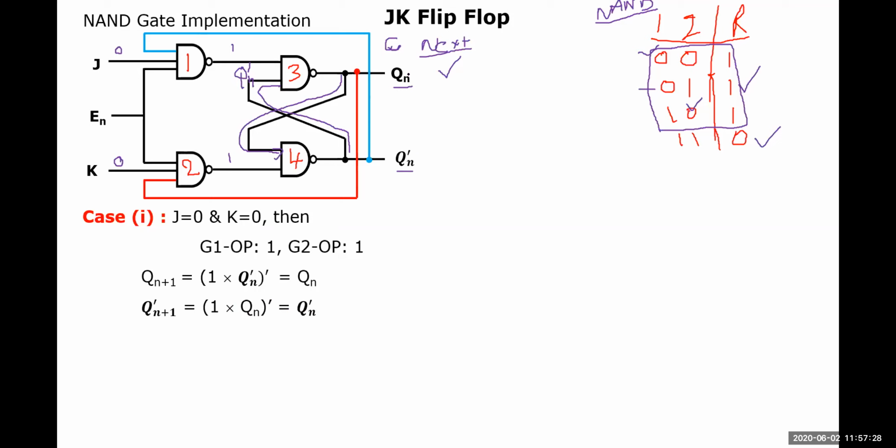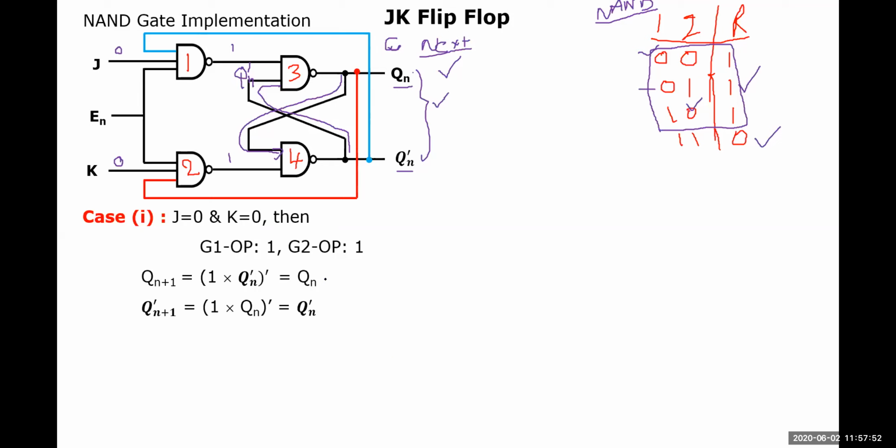Look at this, whatever the current states, the same states will continue for the next state also. Qn will continue as Qn plus 1 and Q complement n continues as Q complement n plus 1. So whatever the values of Qn and Q complement n, they will continue for the next state also.